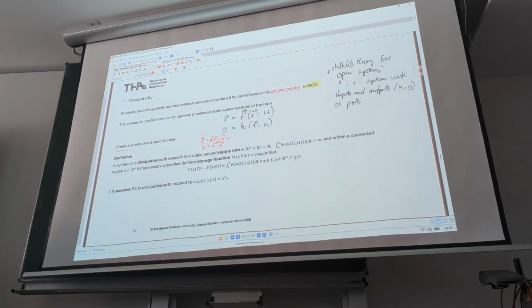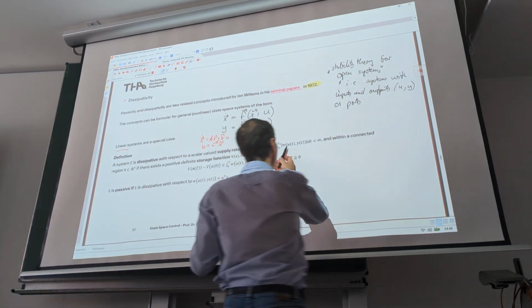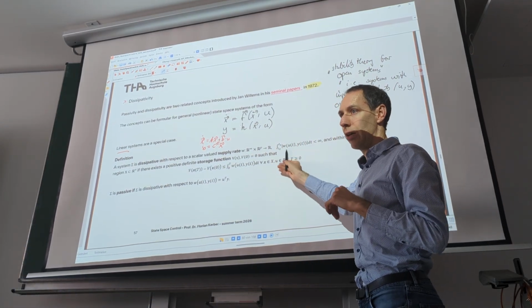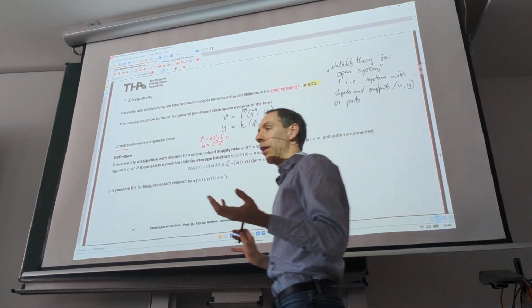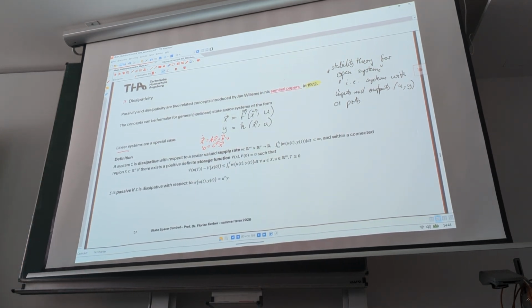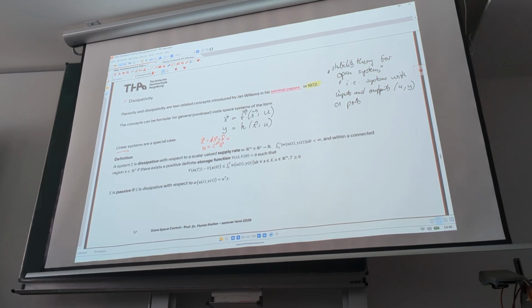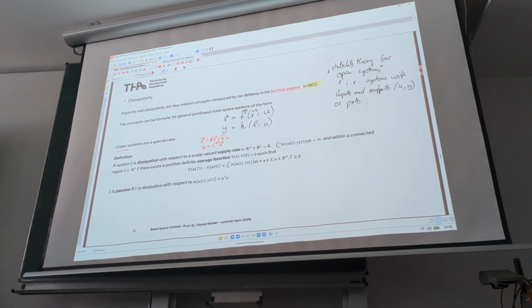Storage function we can think of as basically the stored energy in the system. Okay? That's the storage function. And then I have the interconnection with the environment, which is some function of the inputs and outputs, and I call this the supply rate. So, if you connect your RLC circuit with a battery, for example, or you connect your, I don't know, inverted pendulum with some actuator which puts in energy.